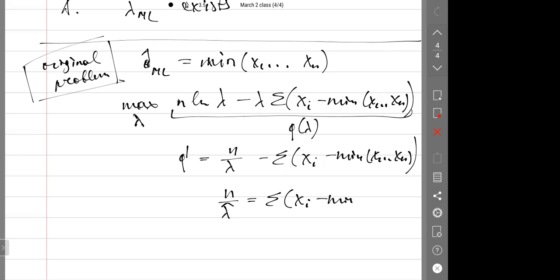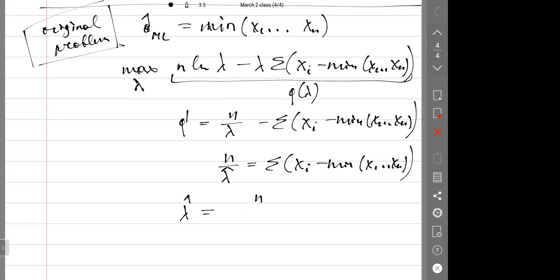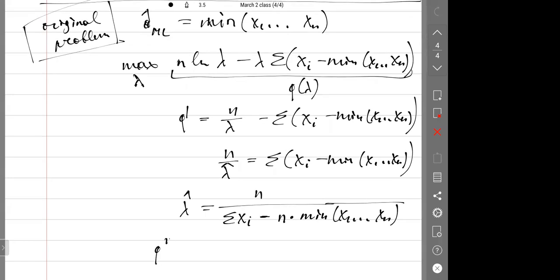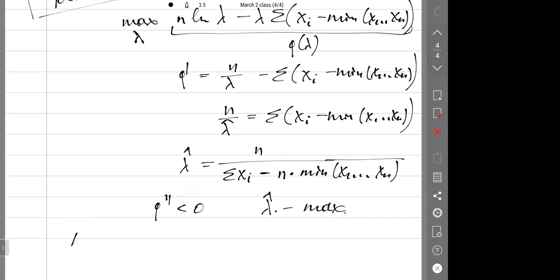This is the value of lambda hat: n divided by the sum of xi minus n times the minimum of x1 through xn. We see that the second derivative is negative, so this point is indeed a maximum. And basically we have the answer.